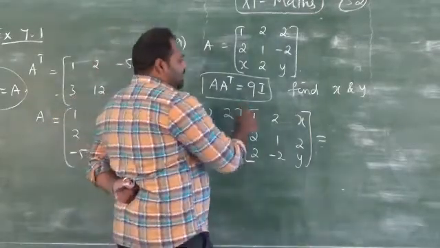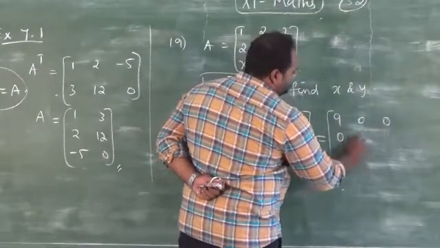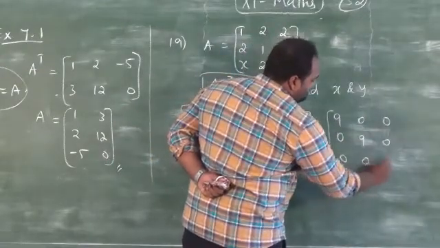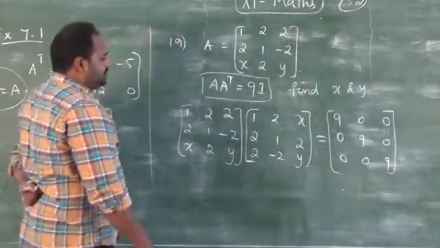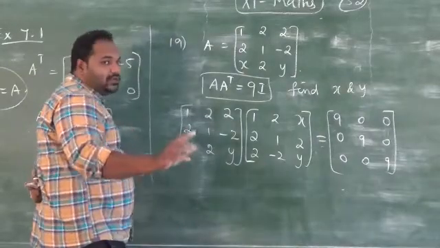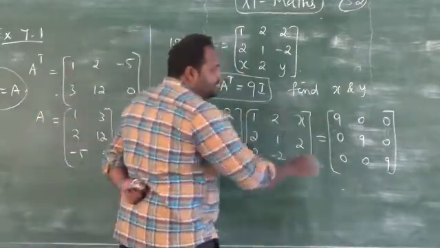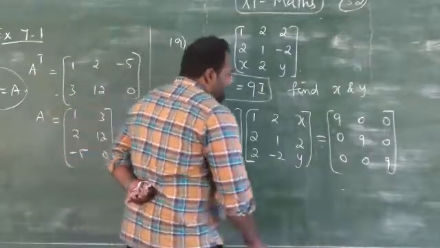If you multiply with 9, I can write directly 9 0 0, 0 9 0, 0 0 9. After that, how can we find out? First I am going to multiply these two matrices and make it one. Then we can equate both matrices, taking corresponding elements, and we can get the value of x and y.